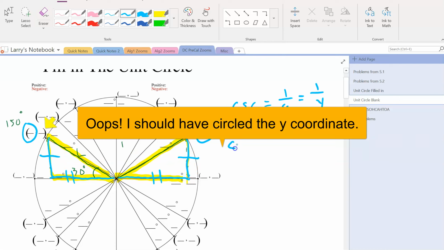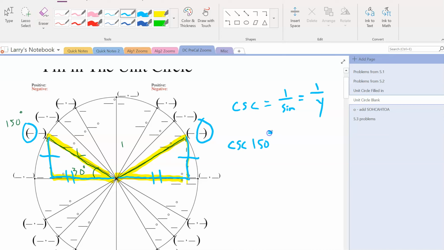So cosecant of a 150 degree angle is going to be exactly the same as cosecant of a 30 degree angle, which is going to be the same as 1 over sine of a 30 degree angle. All of these are going to be 2.